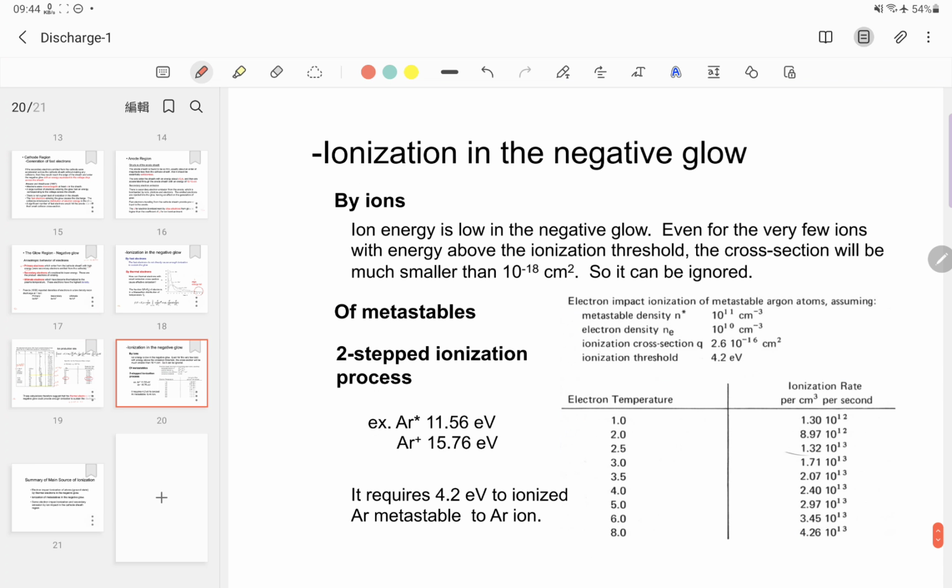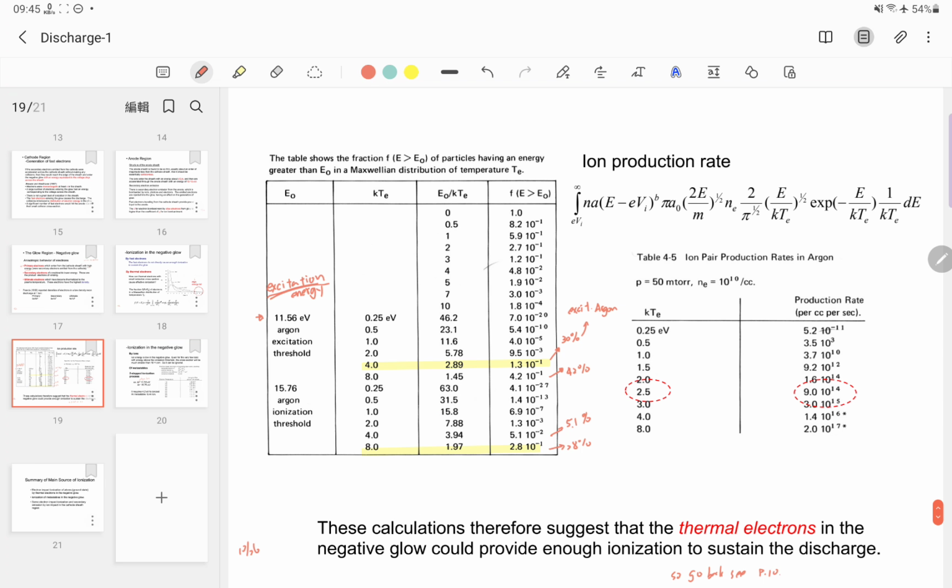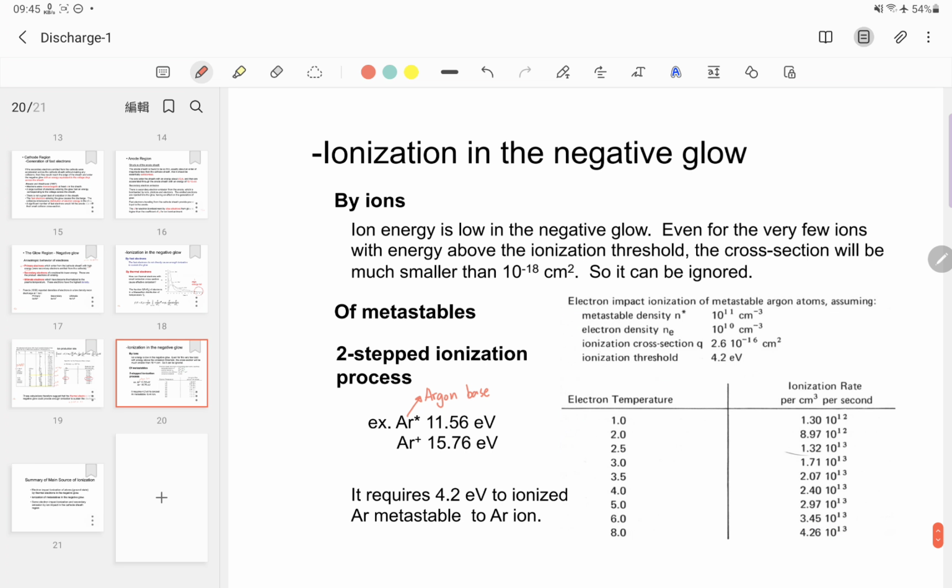So for argon gas, the energy to excite argon from the ground level to the metastable state requires 11.56 electron volt. And then one can ionize the metastable.